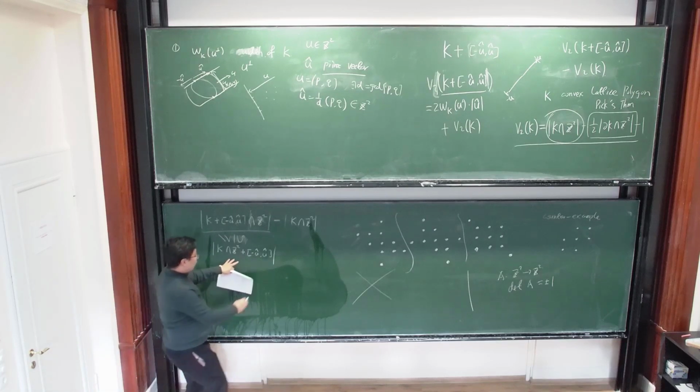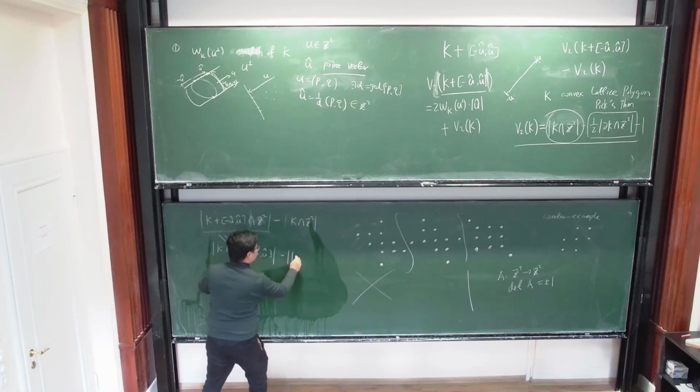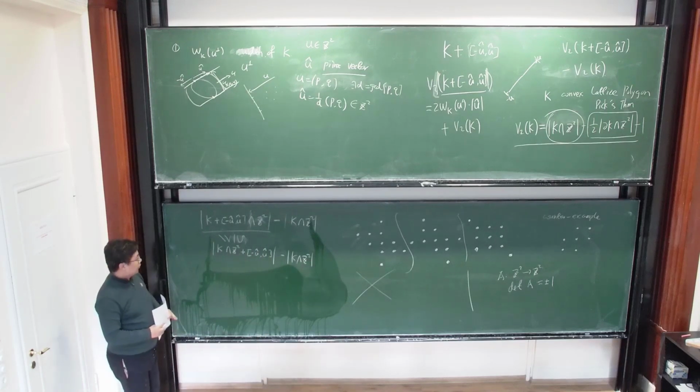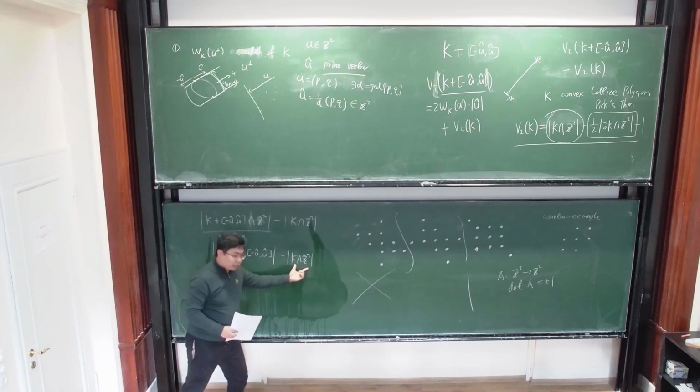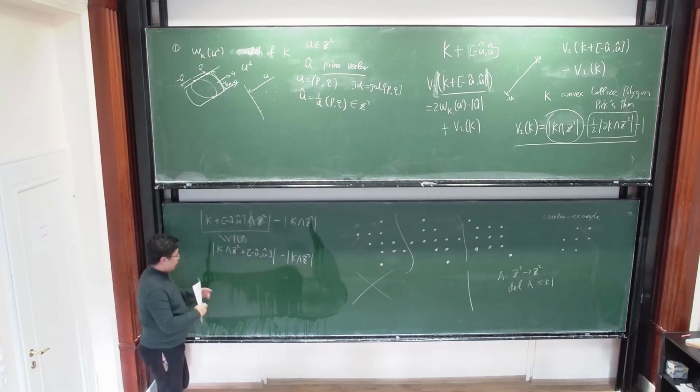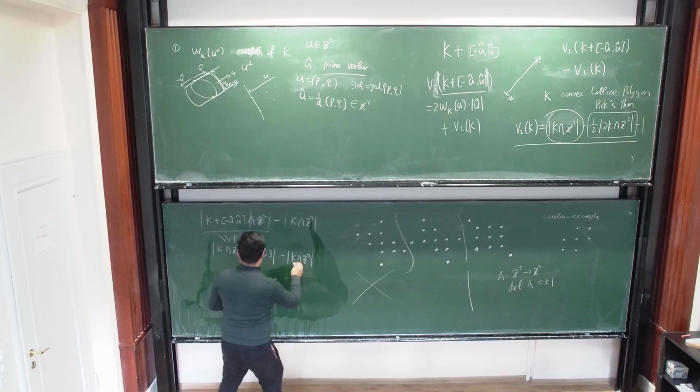So how about the difference of these two? You have some integers here, you have some integers here, and you are adding points.